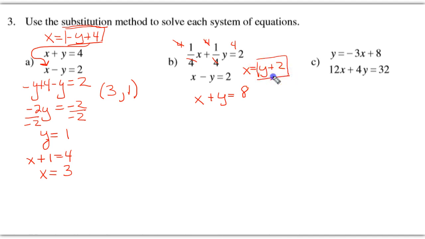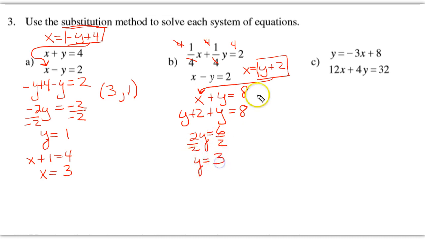We take this, substitute it in the other equation. This is y plus 2 plus y equals 8. So we get 2y, and we're going to subtract 2 from both sides, equals 6. Divide both sides by 2. We get y equals 3.